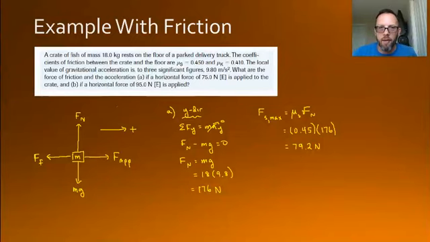In part A, we're only applying a force of 75 newtons. So what this is saying is we're not applying a force big enough to even get this crate to move. So for A, since F_app, which equals 75 newtons, is less than that maximum static friction force, the crate won't move.